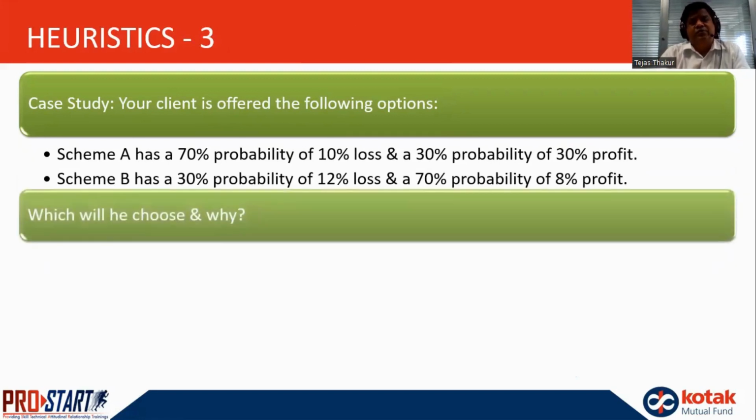Which will your customer choose and why? First case, scheme A: 70% chance that there'll be a 10% loss, 30% chance that there'll be a 30% profit. Scheme B: 30% chance that there'll be a 12% loss, and 70% chance that there'll be an 8% profit. Your answers in the chat box, please.